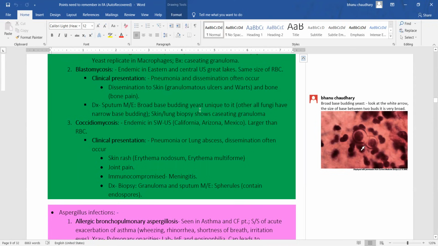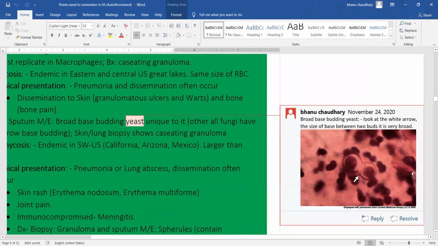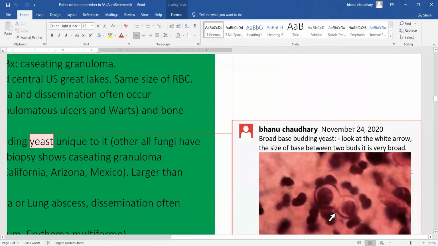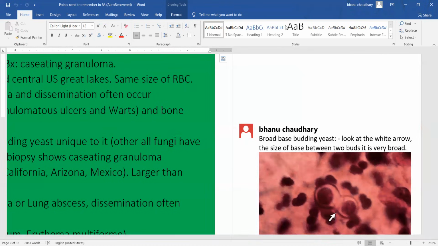As you can see in the diagram here, let me just zoom it. The base, you can see this area. This is the base of the fungi division, okay? And you will get a broad base. This is a broad-based budding yeast, very important.